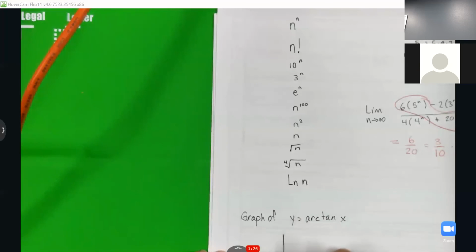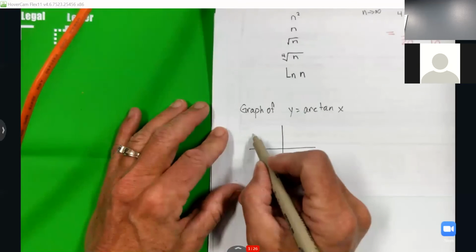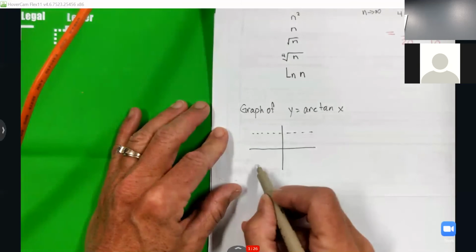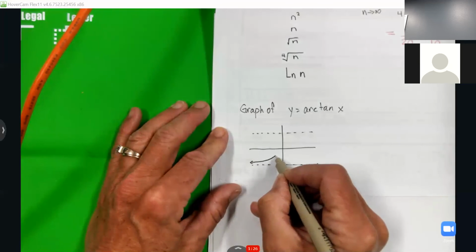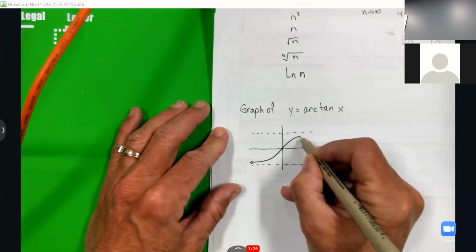It has asymptotes. That one here, one here. Left end goes to that negative asymptote. The right end goes to the positive asymptote.